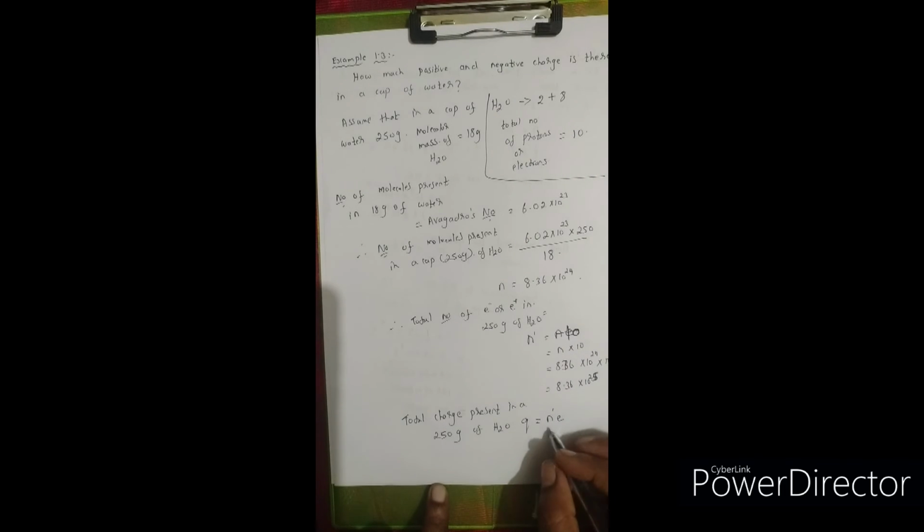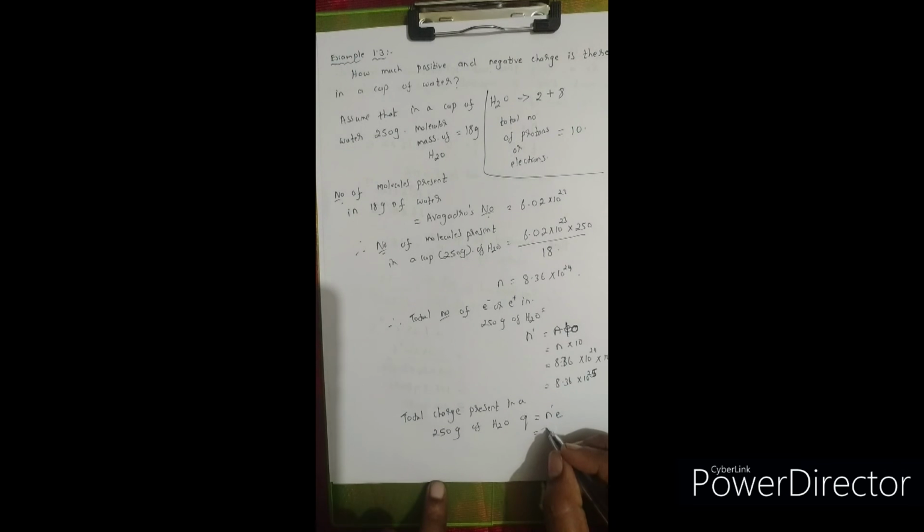Okay, right? So what is the value of N dash? We have calculated 8.36 into 10 to the power of 25 into 1.6 into 10 to the power of minus 19. Okay, and when you calculate this, this works out to be equal to how much, children? 1.33 into 10 to the power of 7 coulomb.